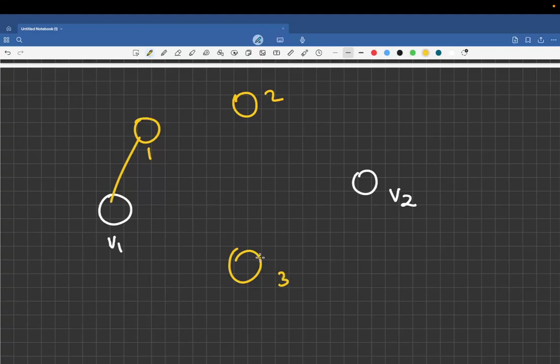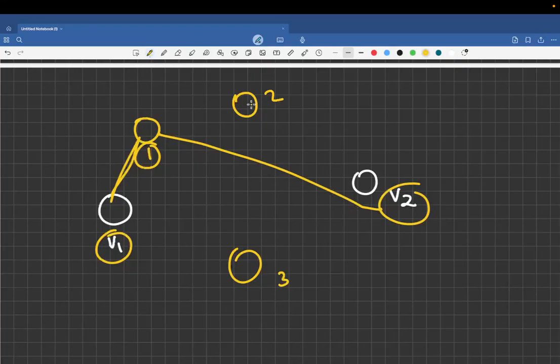So there can be multiple intermediate nodes, and what you do is traverse over all the intermediate nodes and calculate the shortest distance between V1 and V2. First, suppose node 1 is the intermediate node, then the shortest distance is from V1 to 1 and then 1 to V2. If you assume 2 is the intermediate node, then it's the shortest distance from V1 to 2, then 2 to V2. This is a very high level view of what Floyd-Warshall is.